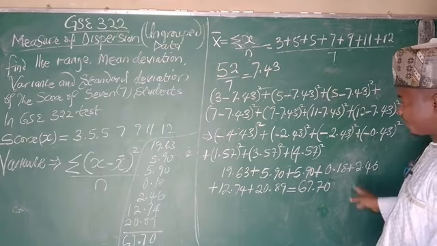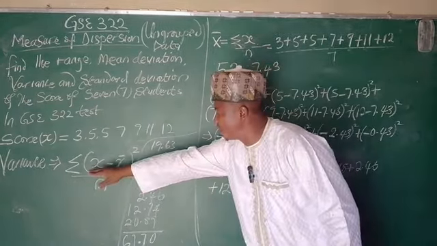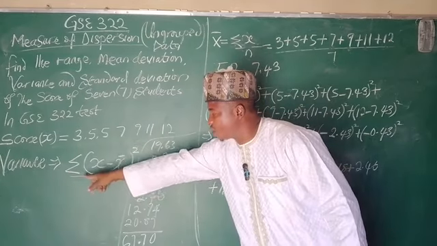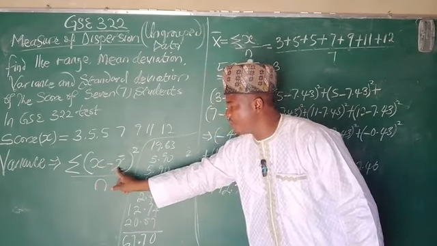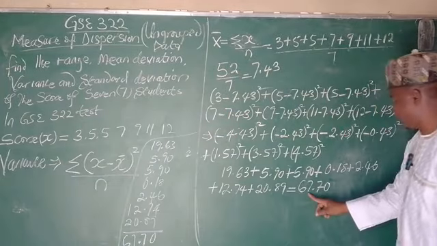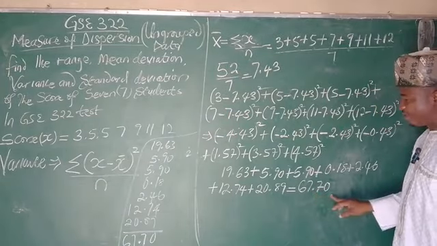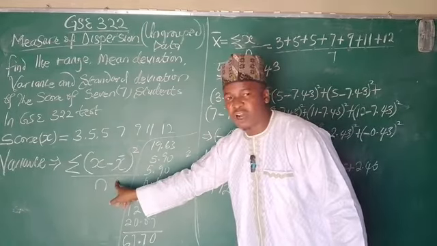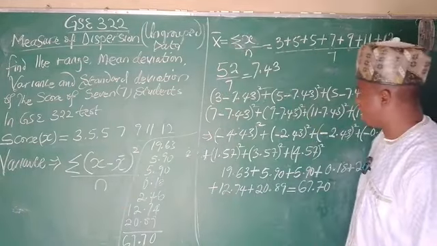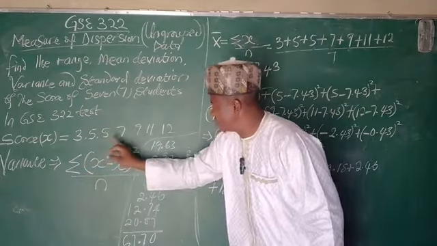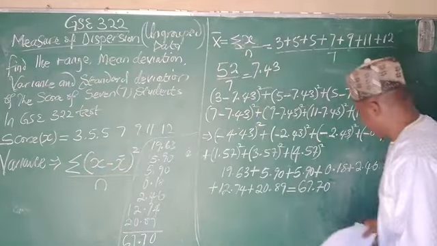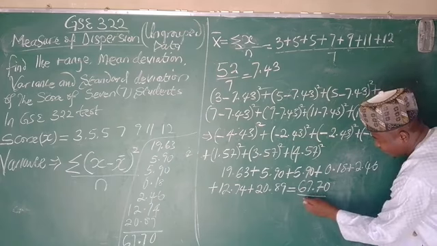So now, having obtained the sum of x minus x bar square as 67.70, then we divide by the number of the items, which is how many? 1, 2, 3, 4, 5, 6, 7, which is 7.